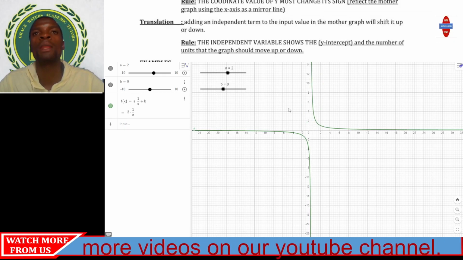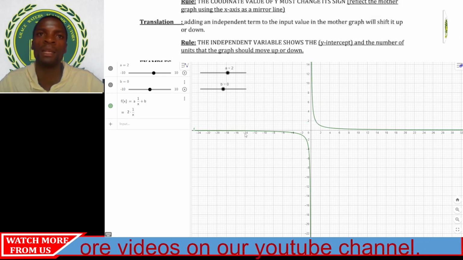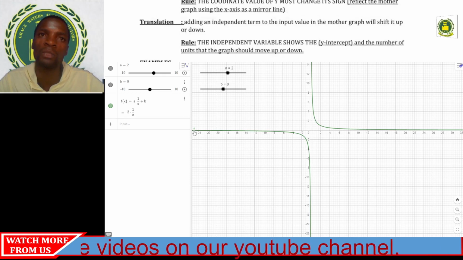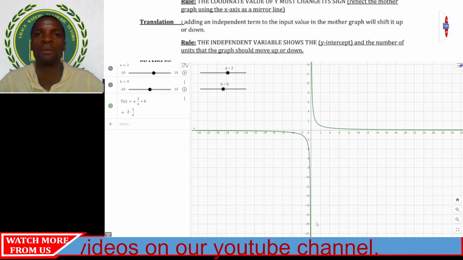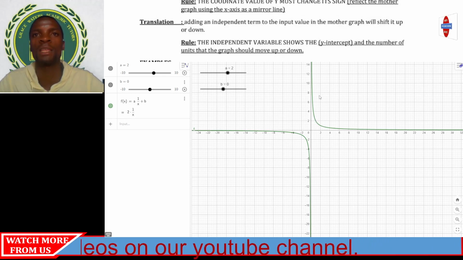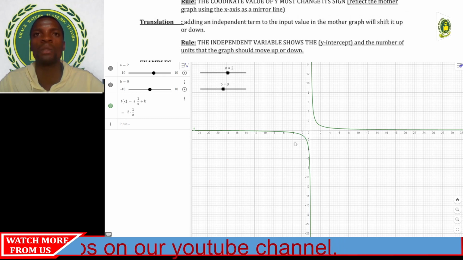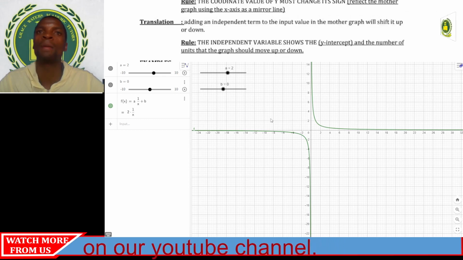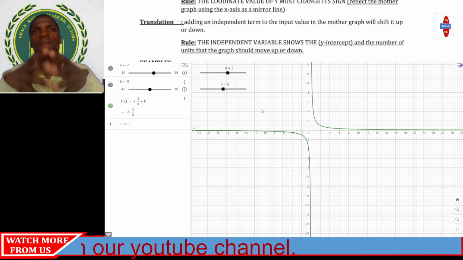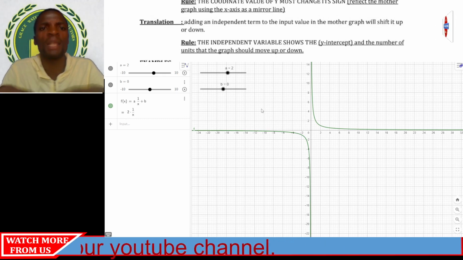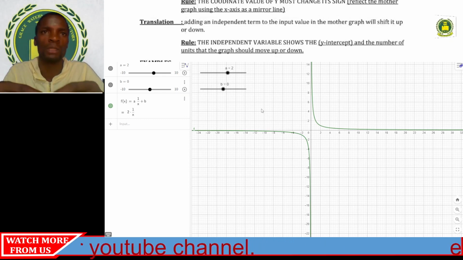Now, when f of x is like this, the graph will come closer to the x-axis and will not touch it, come closer to the y-axis and will not touch it, in the same manner that what is happening on the positive side is happening on the negative side. But when we have asymptotes, there is some kind of change that I want you to notice.